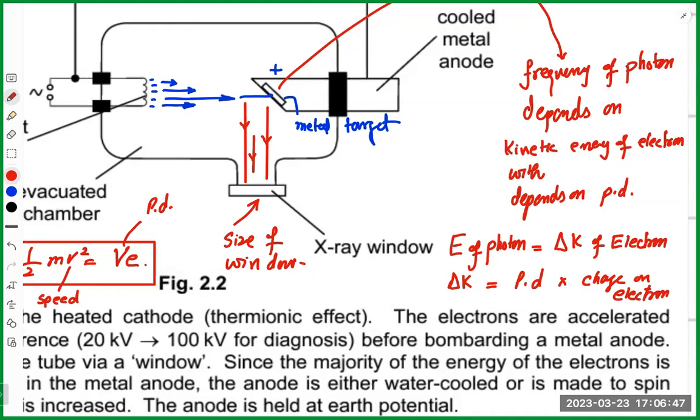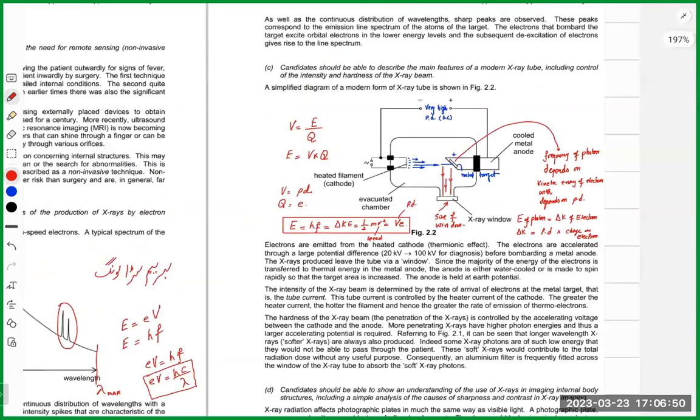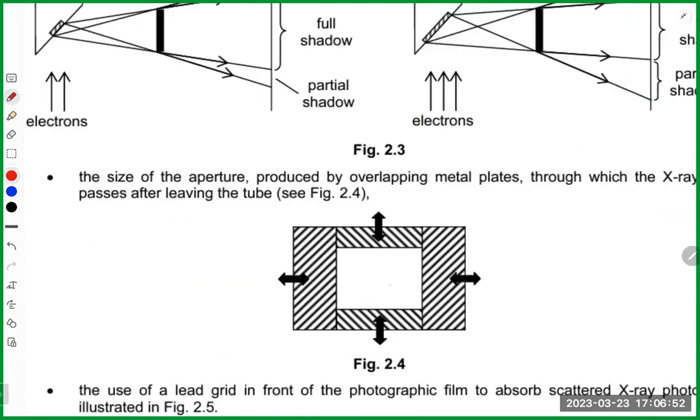So either we can make the window smaller. See, the window has gates. Some gates can move up and down, some gates can move left and right, and this size can change to control sharpness.